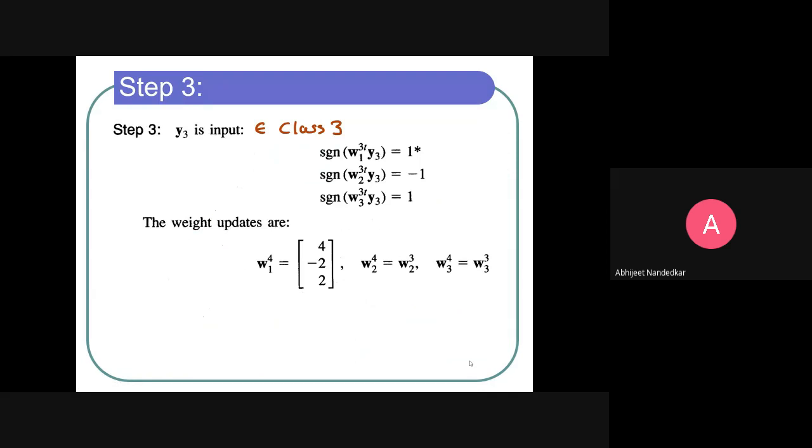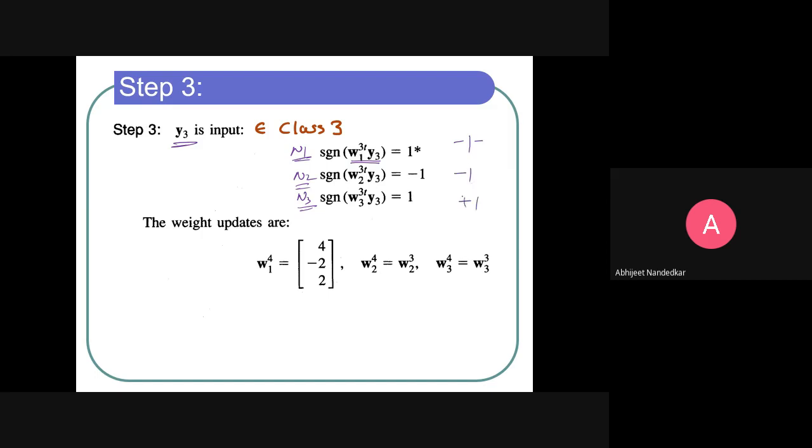Now we can go for the third input, that is Y3, and you can try at home. This is the neuron number 1 output for step 3. This is neuron 2. This is neuron 3. What is the desired response? The desired response is minus 1 here, minus 1 here, plus 1 here.